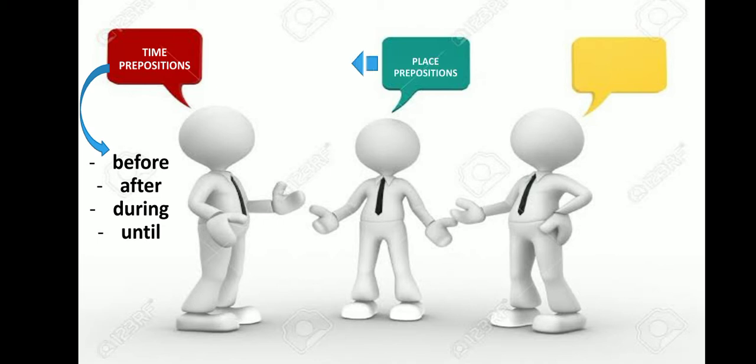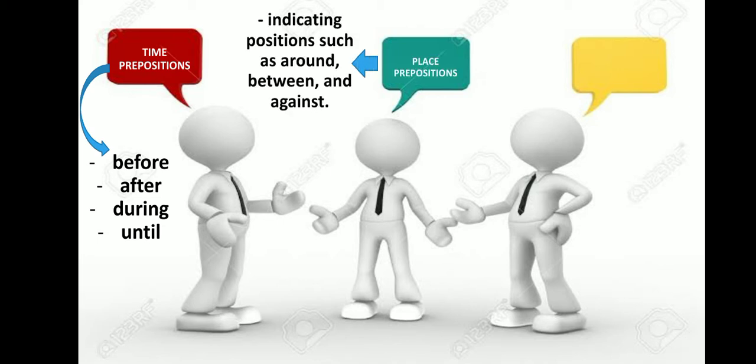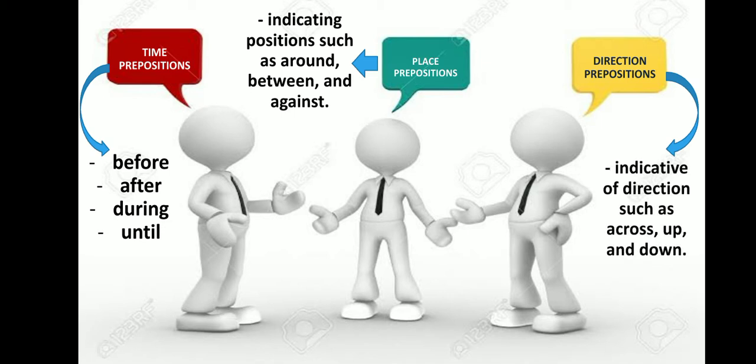Place prepositions are those indicating position, such as around, between, and against. And direction prepositions are those indicative of direction, such as across, up, and down. Each type of preposition is important.